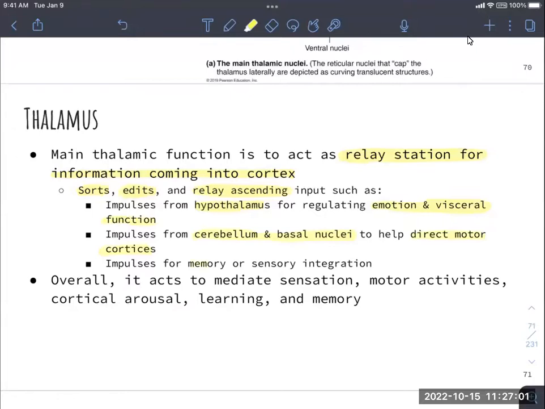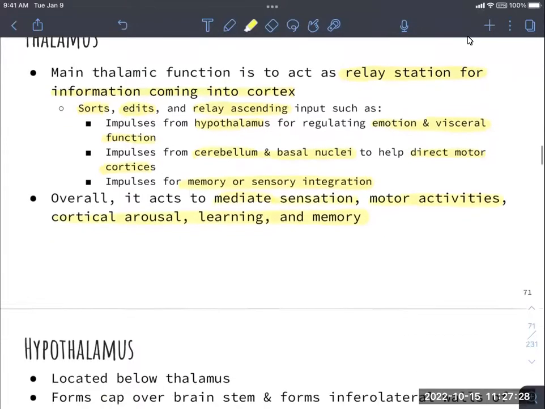It also helps for memory or sensory integration. So it mediates. It's one of those mediators. Motor activities, cortical arousal, learning, memory. It acts as a relay station for all that information and sends it where it needs to go.